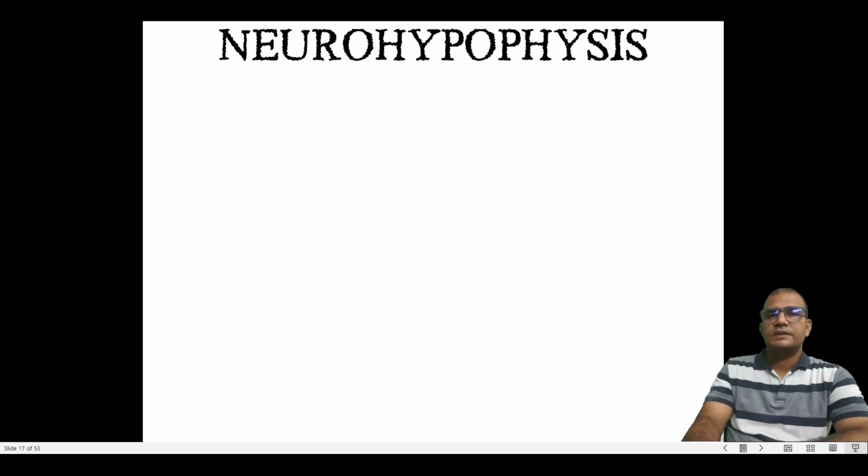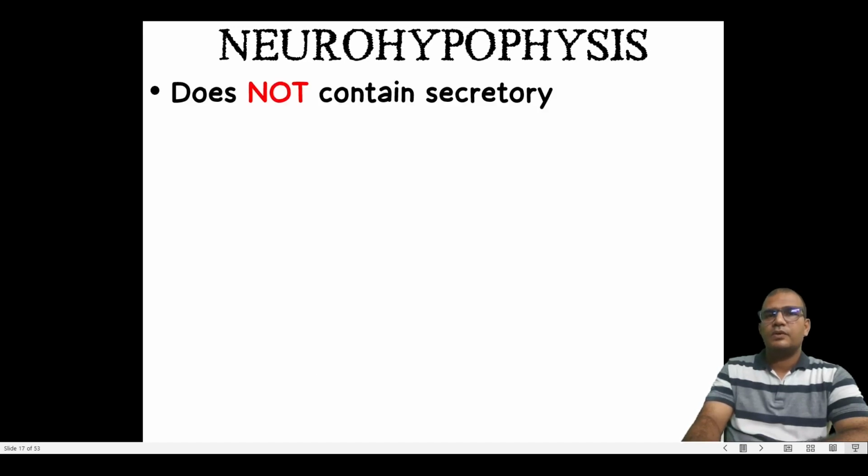Next we will discuss neurohypophysis. The neurohypophysis does not contain any secretory cells. The part which contains secretory cells is called adenohypophysis, and the part which contains nervous component is called neurohypophysis. These two also have different development, but it is not a part of this lecture. We will discuss it in the embryology lecture.